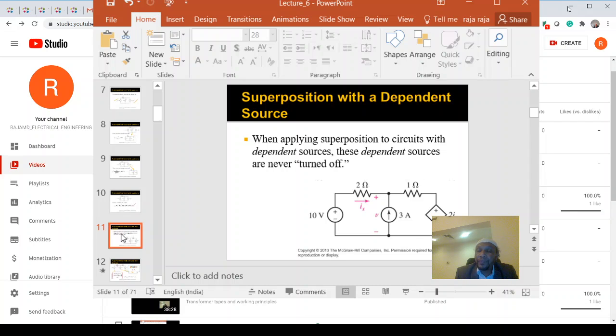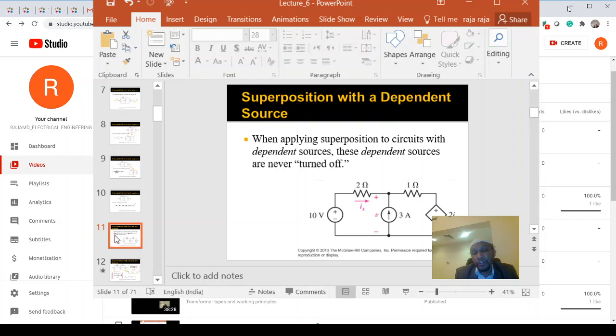The next one, we move to superposition with a dependent source. I told you, with independent sources, you can very easily turn off the source by using a short circuit or an open circuit, depending upon the source. But when you go to an electric circuit with a dependent source, we cannot apply the direct way to switch off the sources.